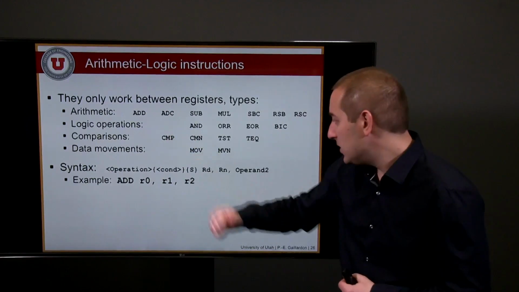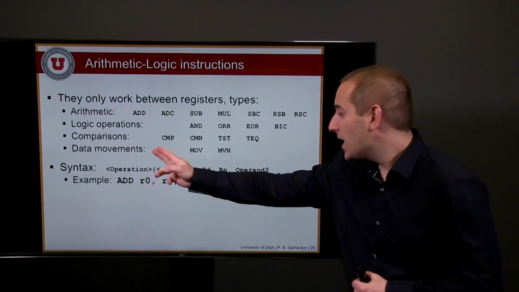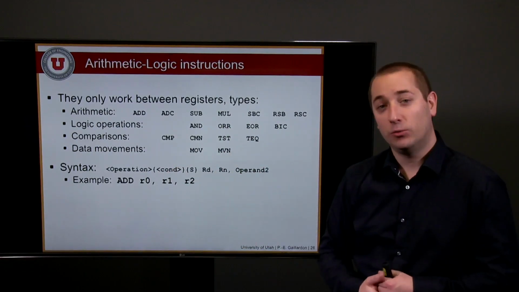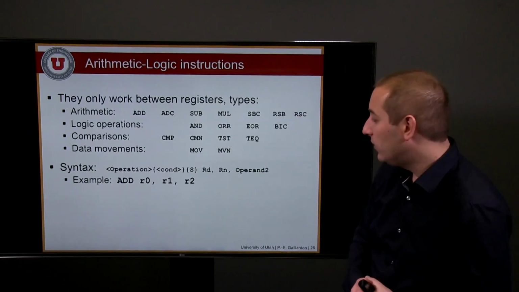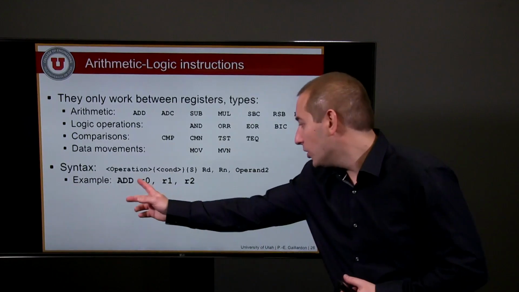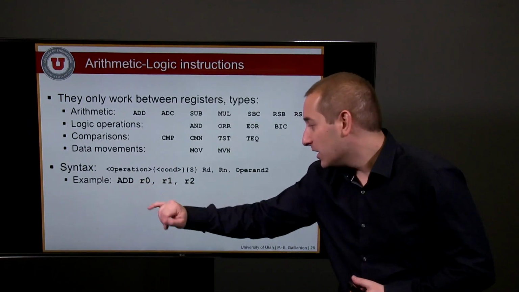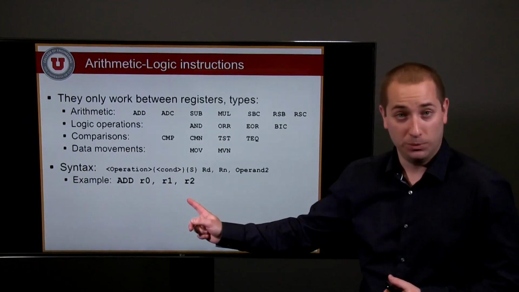You can have comparison, where you test if it's equivalent, and so on and so forth, as well as data movements between registers. Here's an example of the syntax with the add operation. So you want to add into R0 the content of R1 and R2.